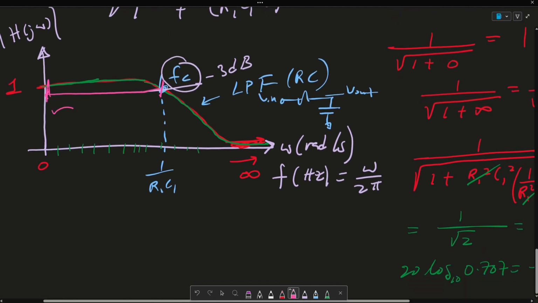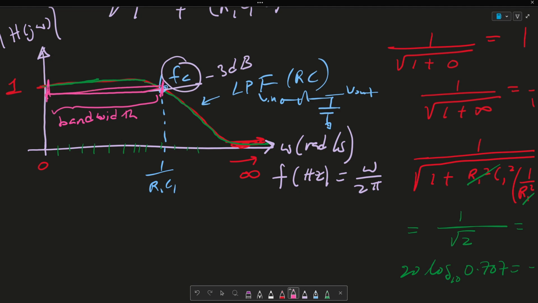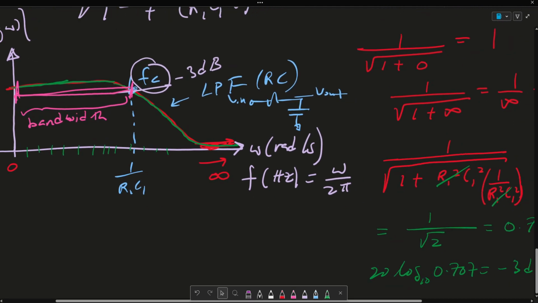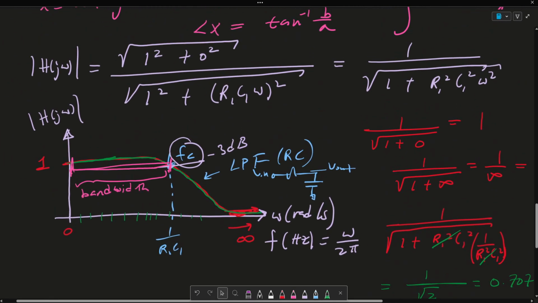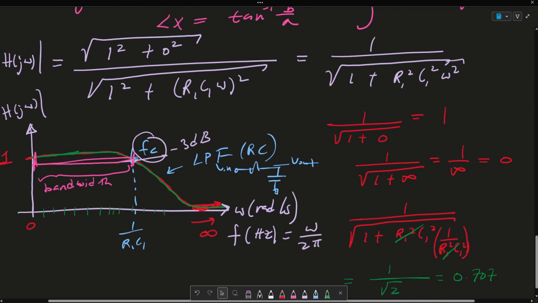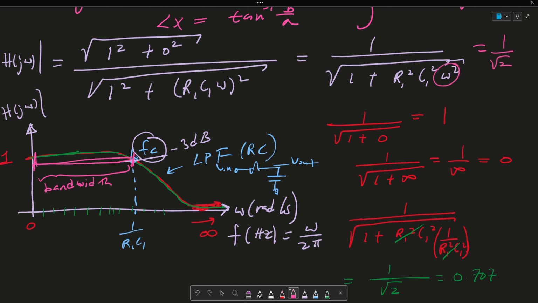So this here is called my bandwidth. All right. Again, that's very, very important. Cutoff frequency and bandwidth. And again, if you wanted to find the cutoff frequency of your circuit, you would equate your transfer function magnitude to 1 over the square root of 2 and solve for omega, and you would get 1 over R1 C1.